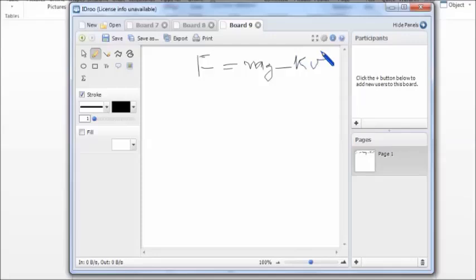Now this force produces acceleration in the object, so that is given by m dv by dt, where dv by dt is the acceleration. So we write the equation for dv by dt, which is equal to mg minus kv.